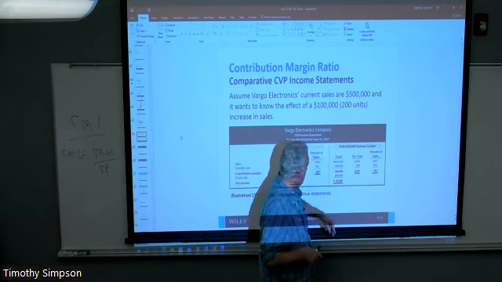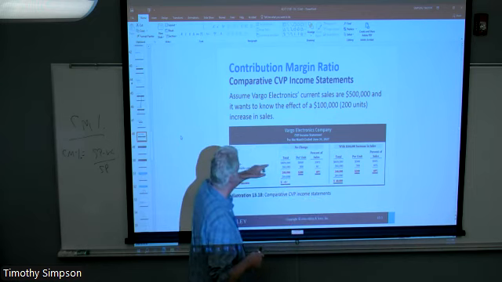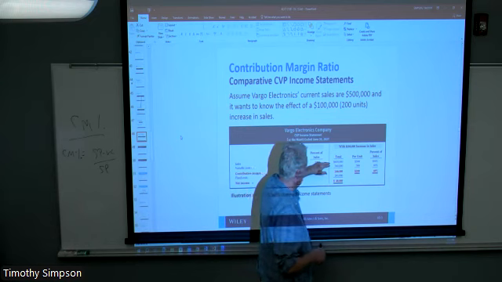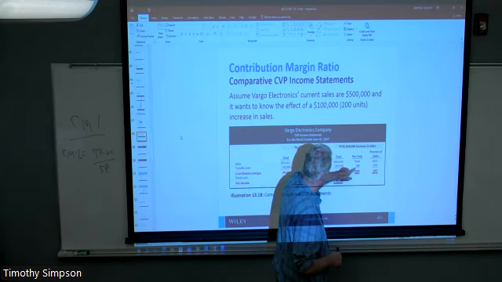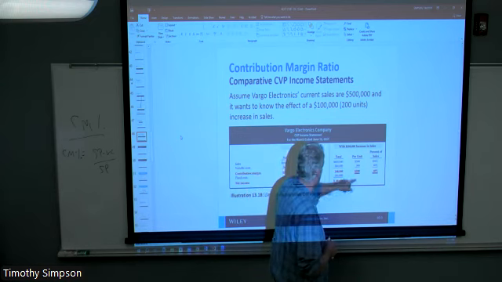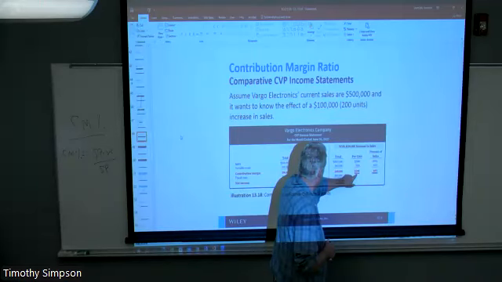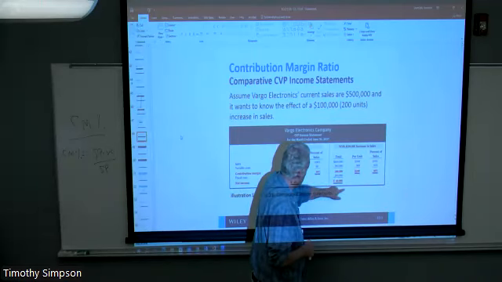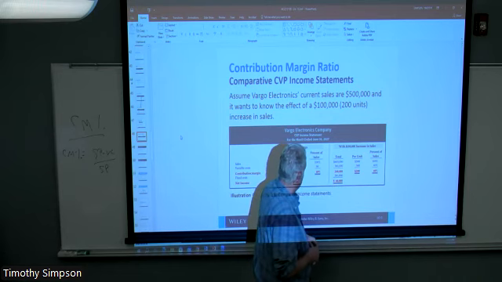Contribution margin is still 40%. So what if we amped everything up and said, what if $100,000 more in sales? Still $500 per unit, $300 per unit variable cost, still the same contribution per unit, 200. Nothing has changed except what is going on with the bottom line: net income has increased by 40,000.